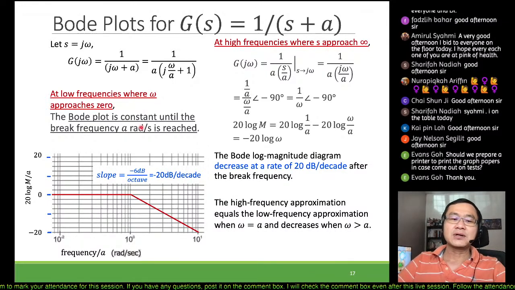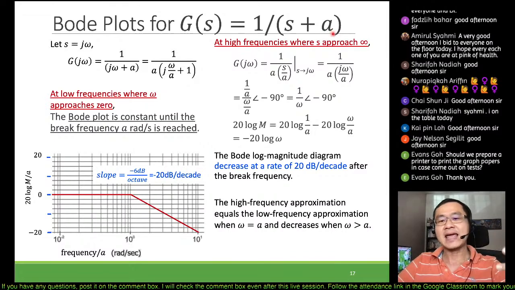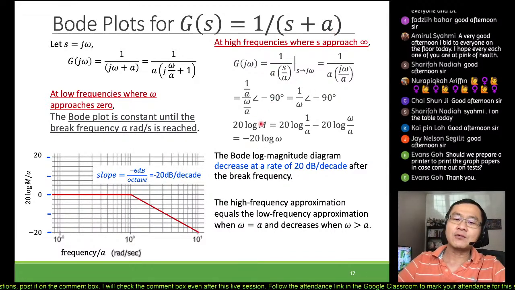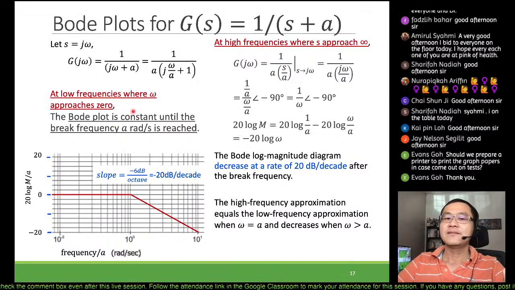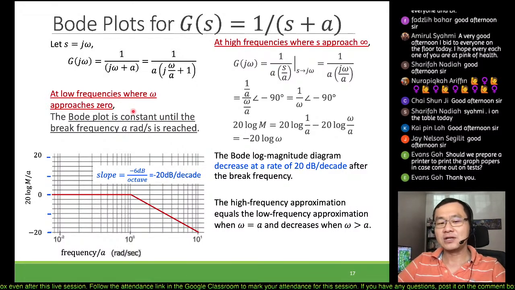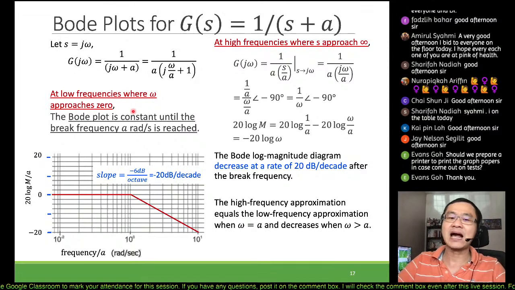Because of this 1 over s plus a, therefore we will get our value as negative, whereas for the low frequency, the value remains the same, equal to log a. And when we normalize it, it becomes 0.